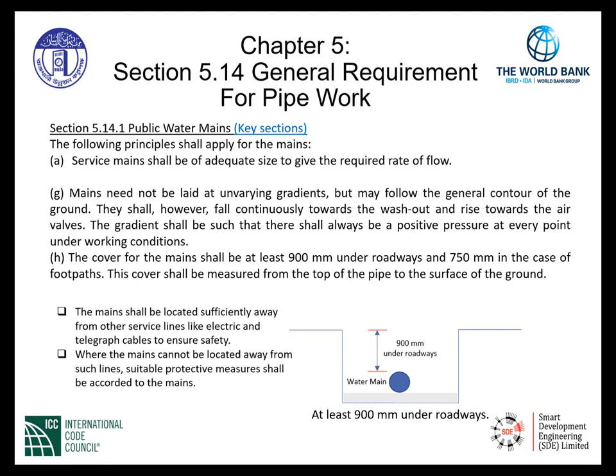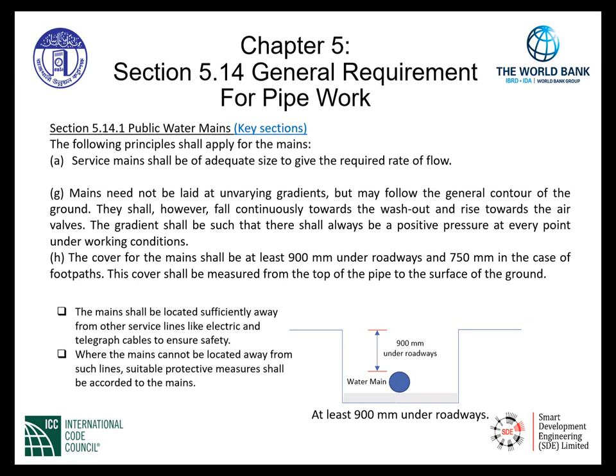Section 5.14, General Requirement for Pipe Work. In this section, Section 5.14.1, we're going to cover some key sections regarding public water mains. Some of the key sections that we want to share with you are the following principles that shall apply for the mains.